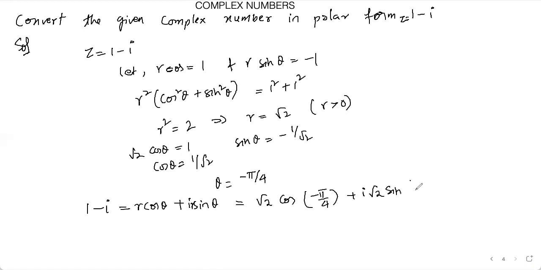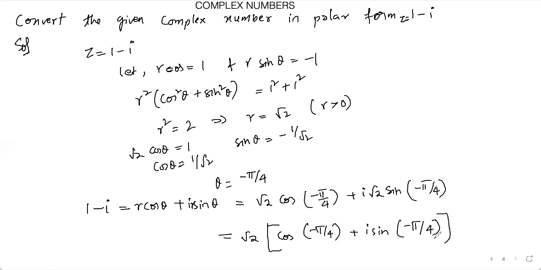Further we can write this taking root 2 common: cos of minus pi by 4 plus i sin of minus pi by 4. So this will be the required polar form.